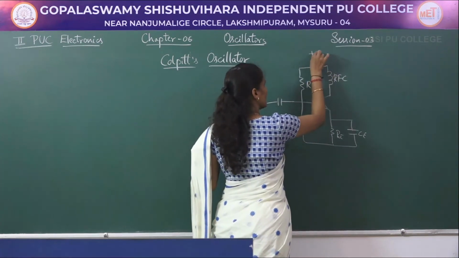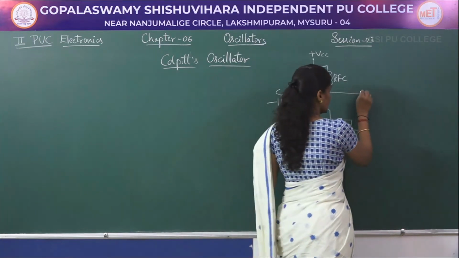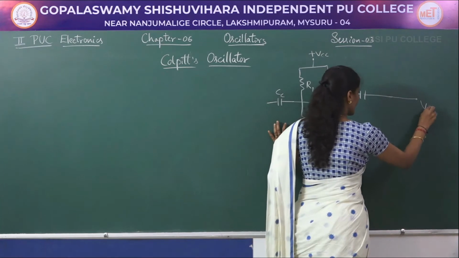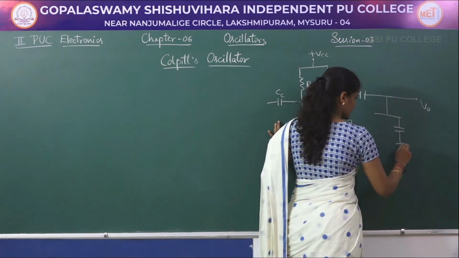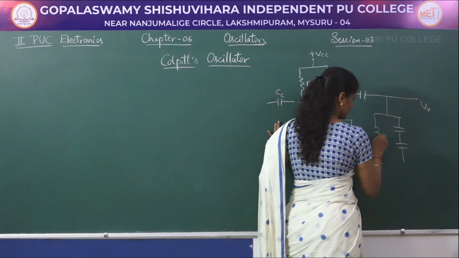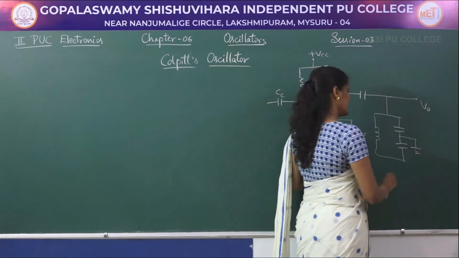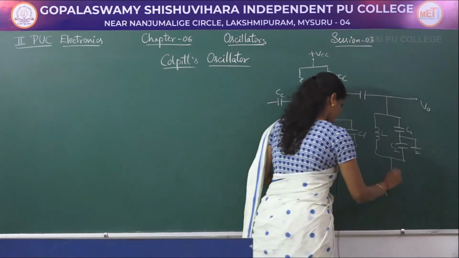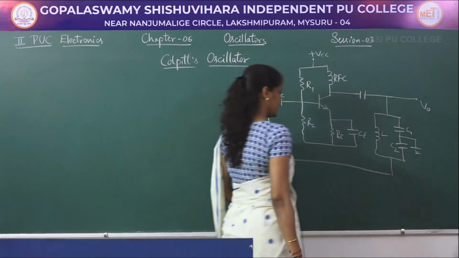This is given to the positive power supply, that is plus VCC, and again here we will have a coupling capacitor through which we will be taking the output V0. Here we will have the tank circuit where two capacitors and an inductor are connected. This is C1, this is C2, and this is L. The feedback will be given back to the amplifier circuit.